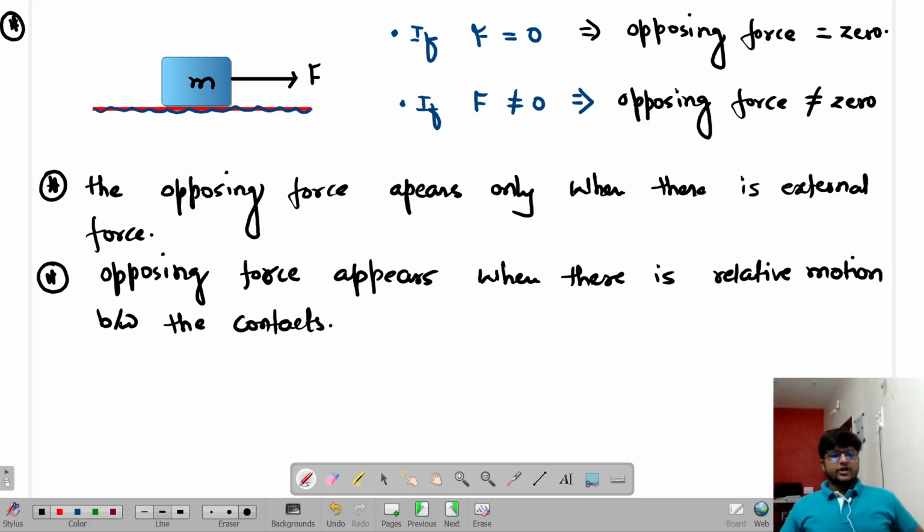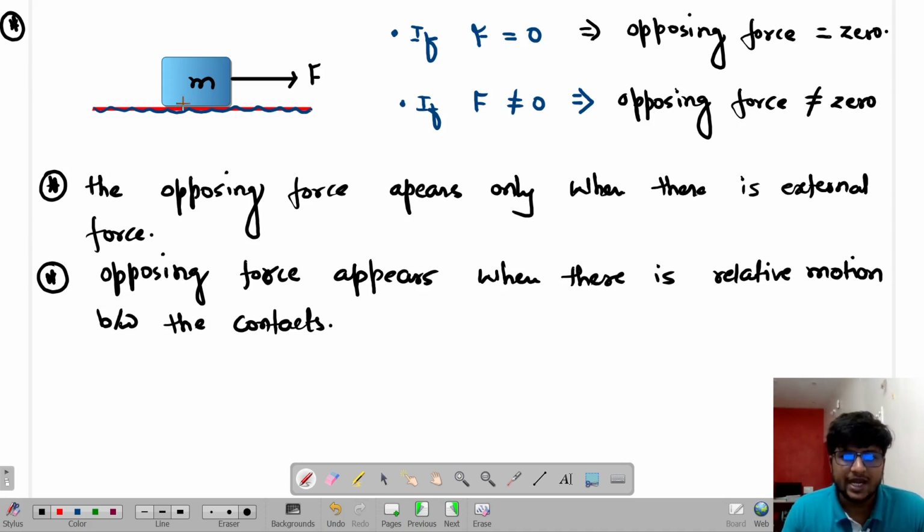So see, there are two points. First, if you don't apply the force, the body is not going to experience any kind of opposing force. If you apply the force, then the body is going to experience some opposing force, because you are bringing the body from rest to some state of motion.